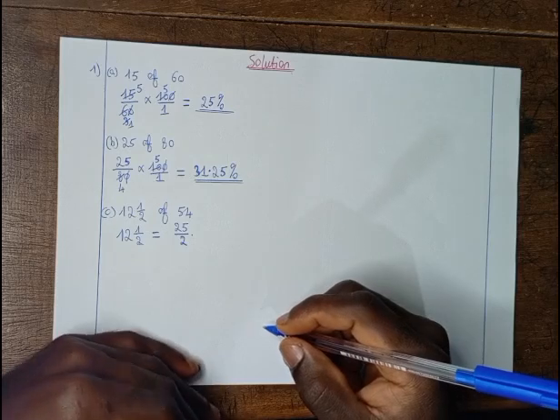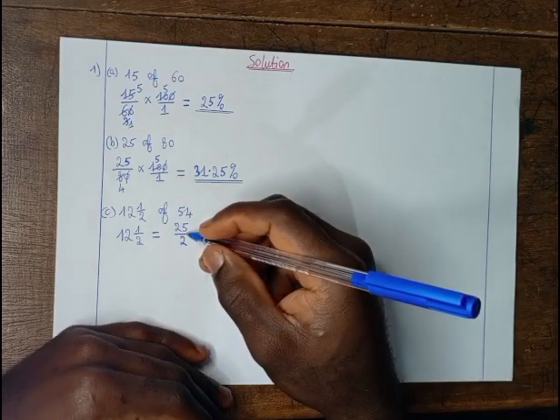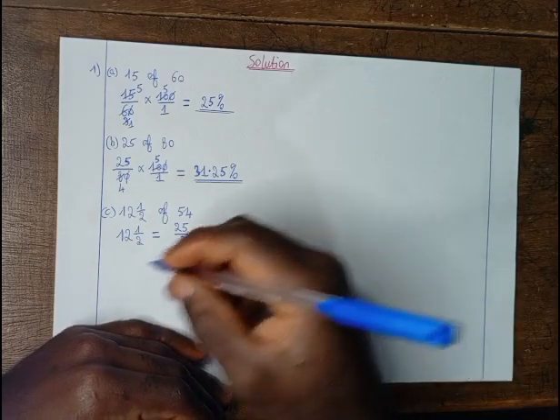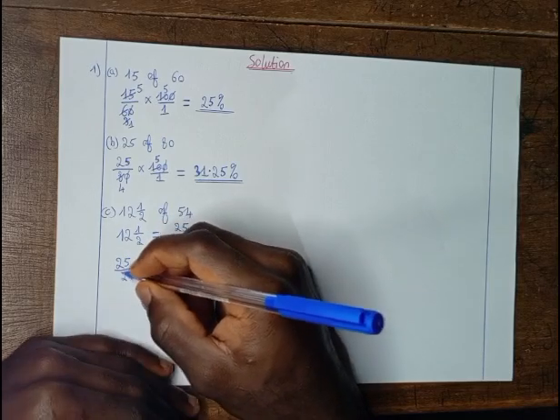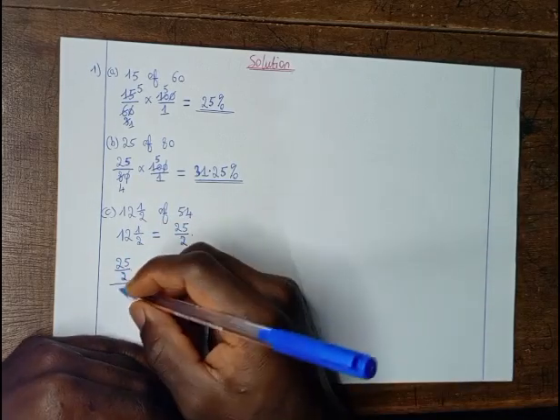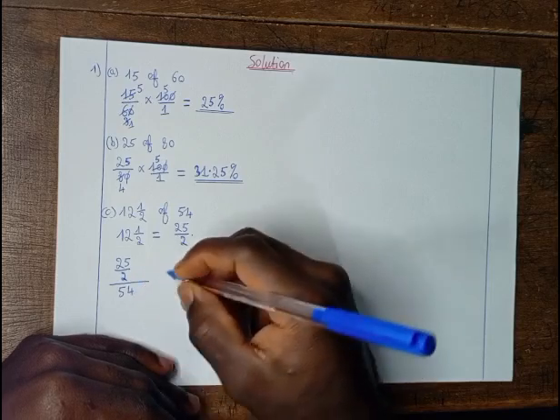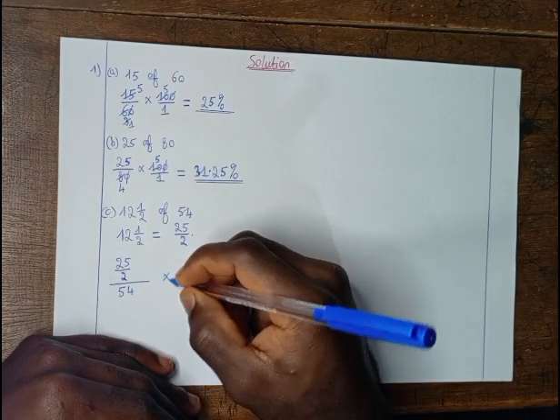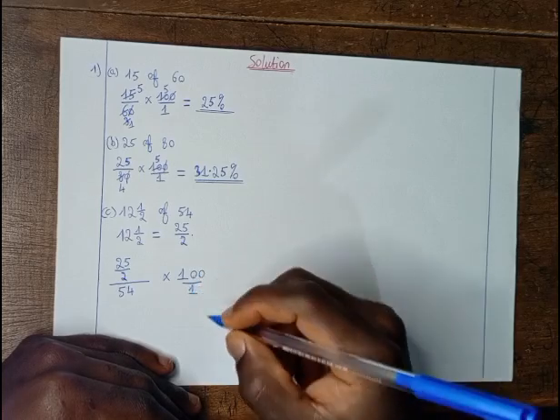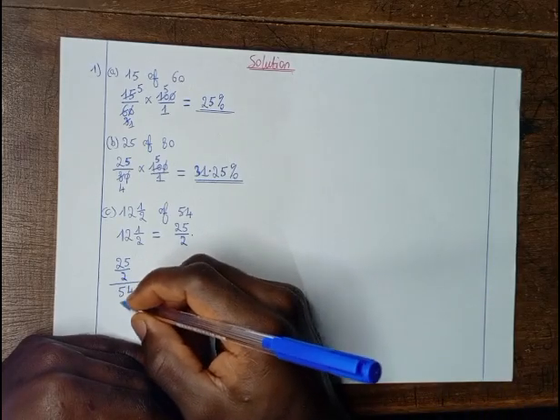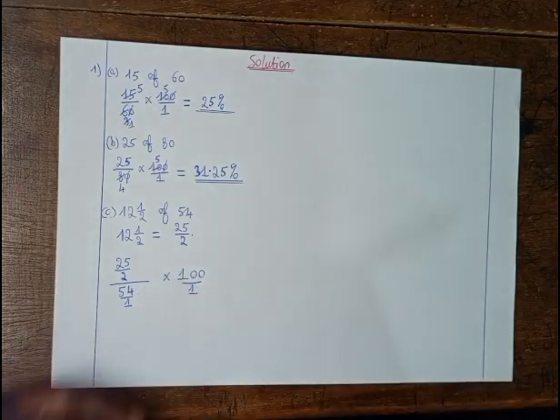Next step, we have to divide the fraction 25 over 2 by 54. 25 over 2 divided by the total 54. Then we multiply by 100 all over 1. You know this 54 here can be written as 54 over 1.